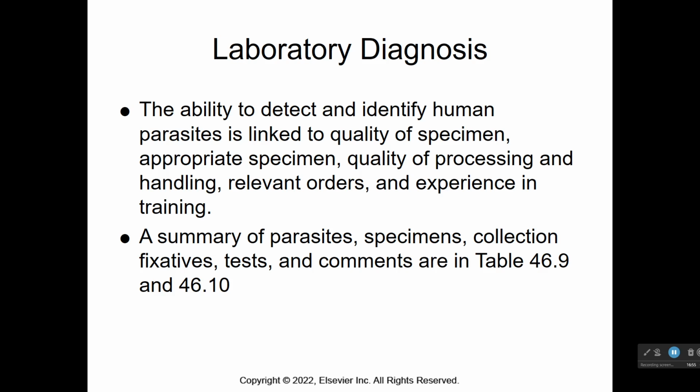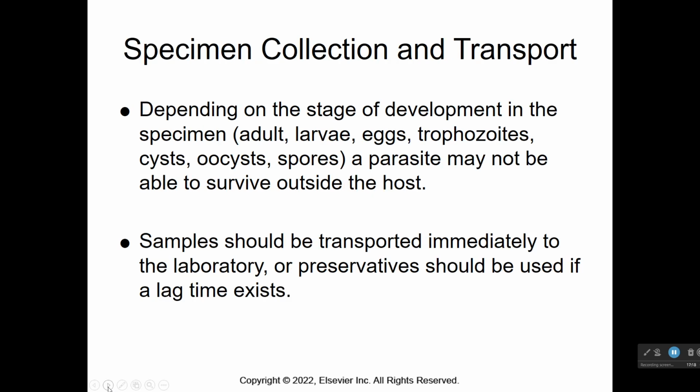We have to process and handle it in the appropriate manner. We have to have the correct orders. We have to be trained to do this. If we do not, then we're not going to be able to identify it. It's not going to be any good. I mentioned those tables earlier, but this also mentions fixative test comments, 46.9 and 46.10, as far as collection goes.